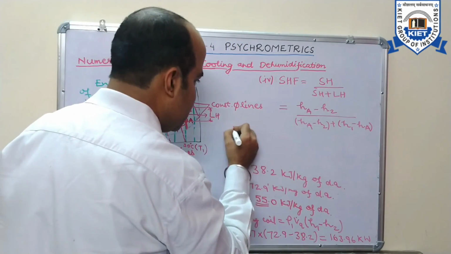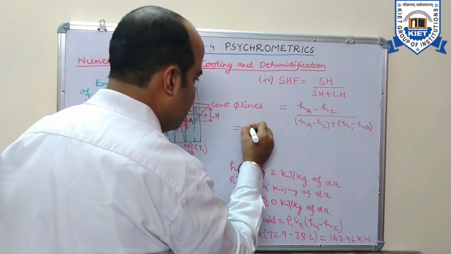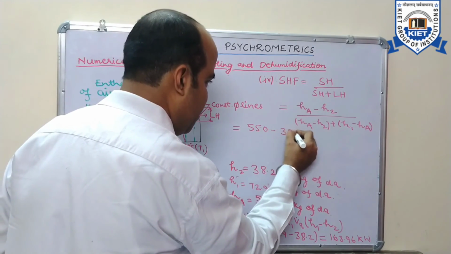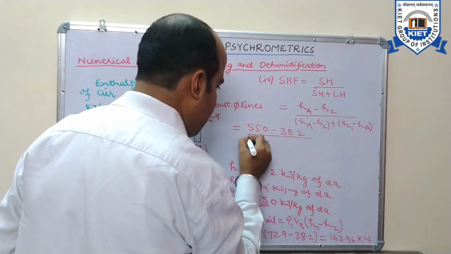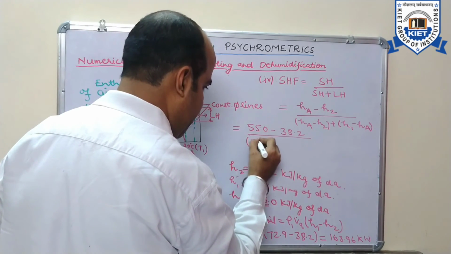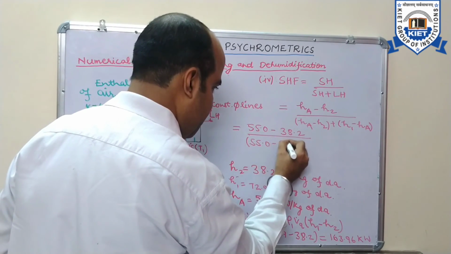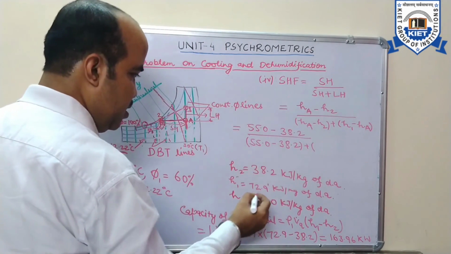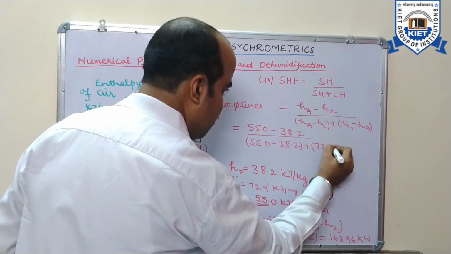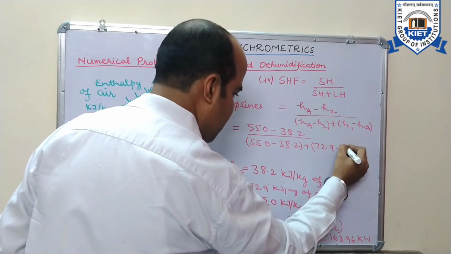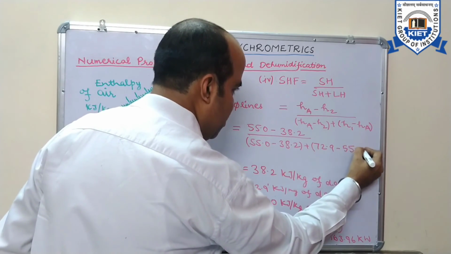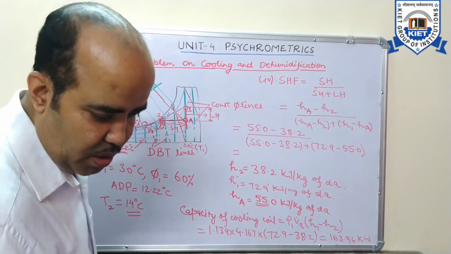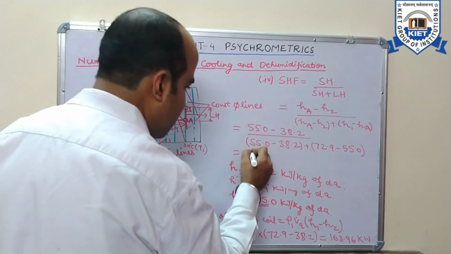Substituting, HA is 55.0 minus H2 which is 38.2, divided by 55.0 minus 38.2, plus enthalpy at point number 1, which is 72.9, minus 55.0. So the sensible heat factor will come out to be equal to 0.484.